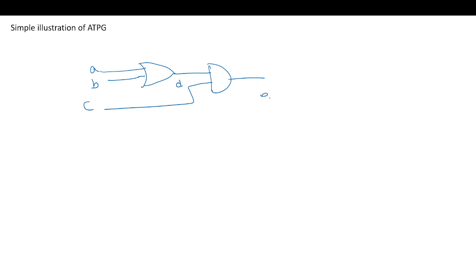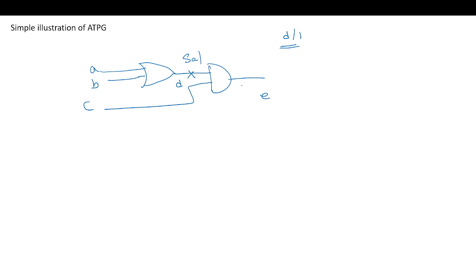To start with a simple illustration of ATPG, consider this circuit, an OR gate with an AND gate, with inputs A, B, C, D, E. Suppose D is stuck at 1.